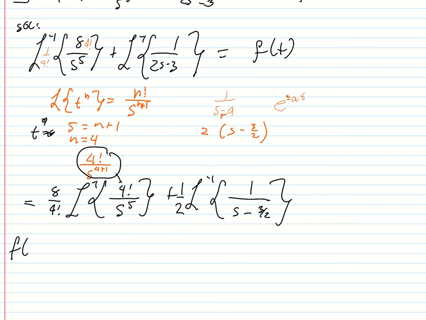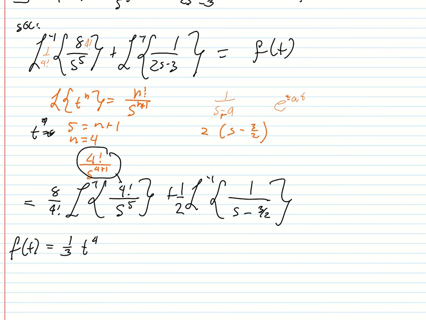So f of t now will be equal to 8 over 4 factorial. 4 factorial is 24. So that's 8 over 24, or 8 over 24 is 1/3. Then this will be t raised to n, where n is 4.